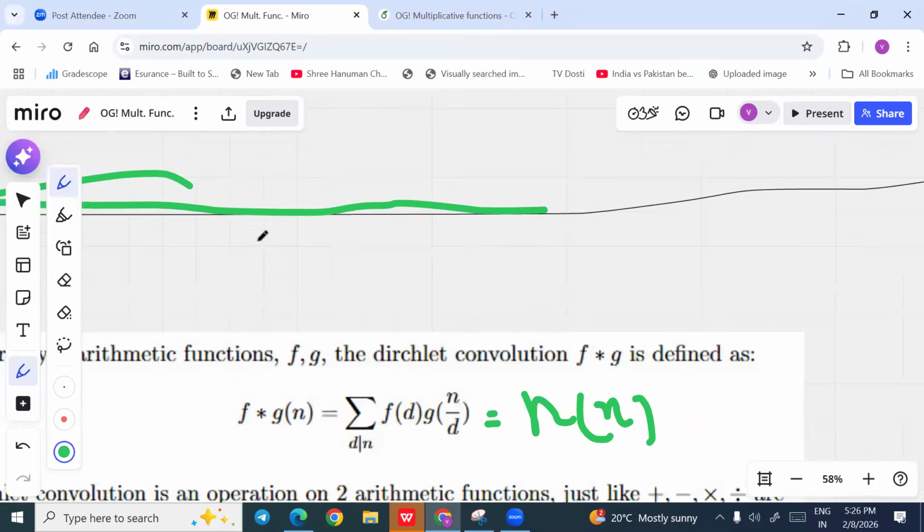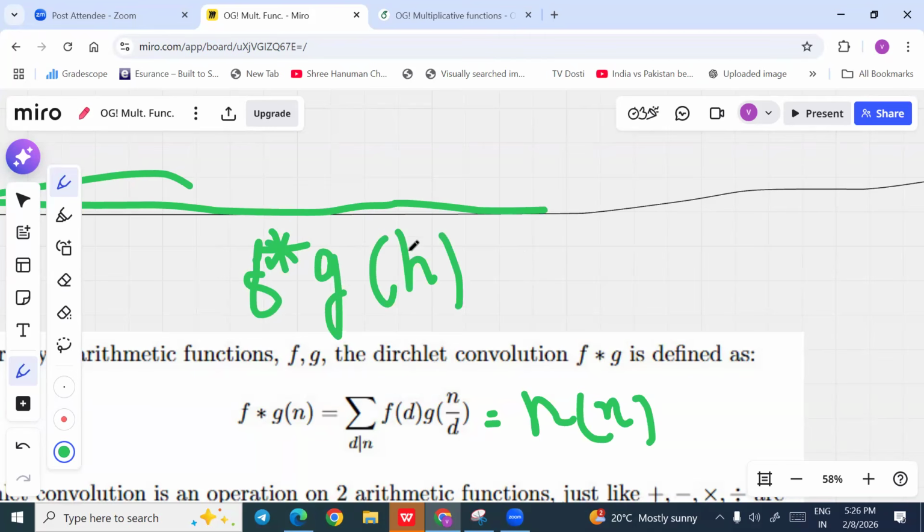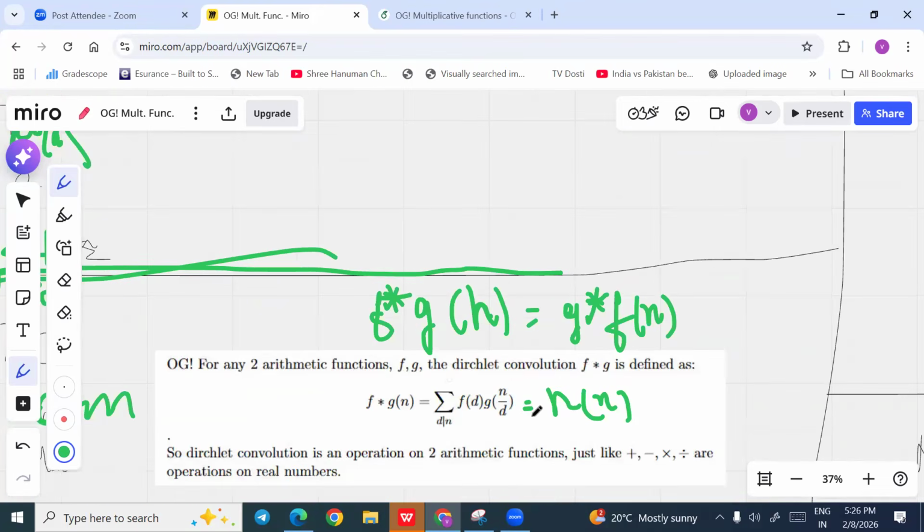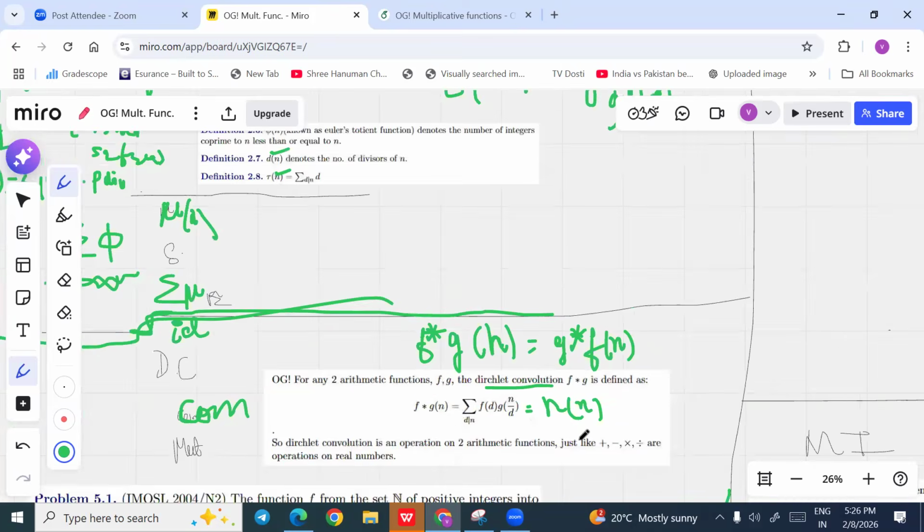Does anybody see that Dirichlet convolution is commutative? Like, f cross g of n is equal to g cross f of n. These two functions are basically the same. Does anyone see why Dirichlet convolution must be commutative?